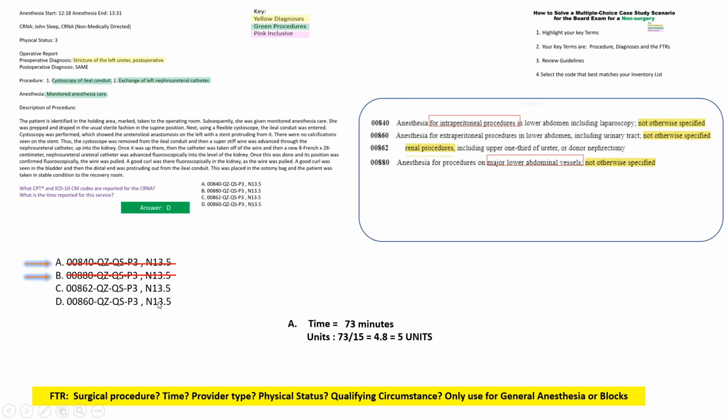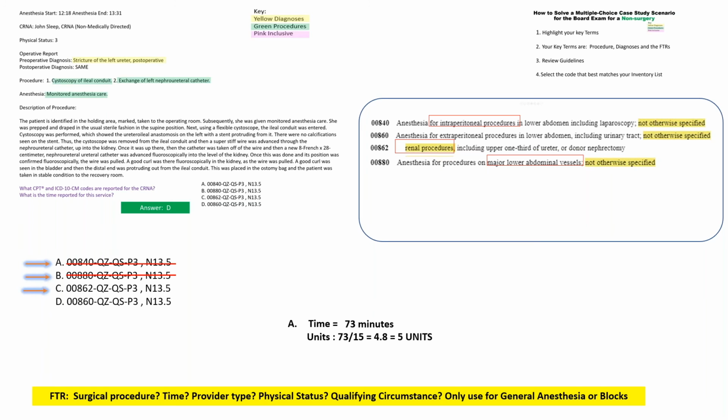Now, what I saw from the chats, many of them are saying option D, and many of them are saying option C. So let's see why option C is going to be the wrong one. 00862 is coding for anesthesia on extraperitoneal procedures in the lower abdomen, including urinary tract. Till there, it's correct.